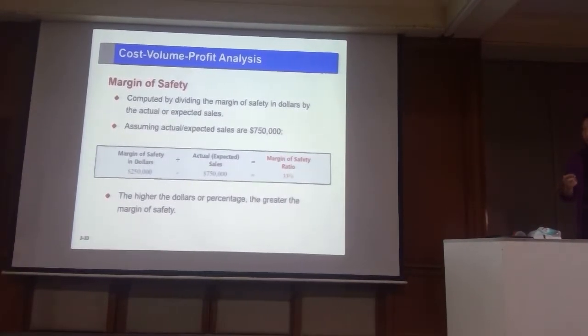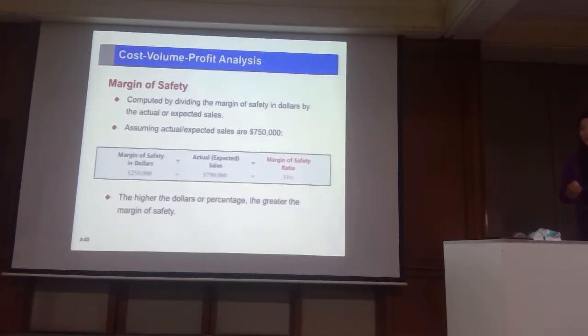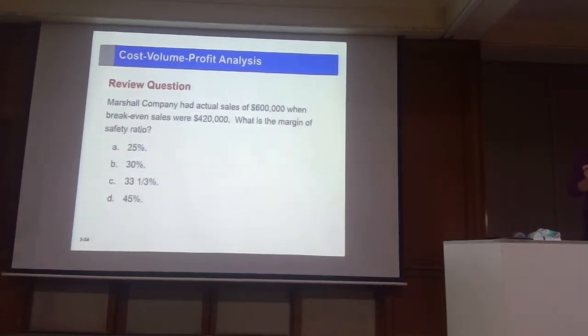It means that if your sales drop by not more than 33%, your company will still be doing okay. So the higher the dollars or the percentage of the margin of safety, the safer the company is. So let's look at the review questions.